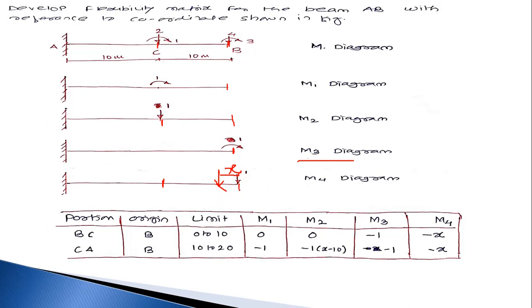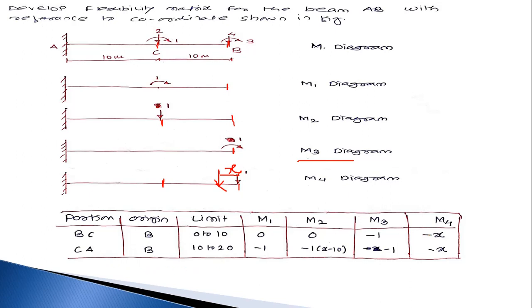Left side anti-clockwise is minus, so the moment is minus X. So for portion BC and origin B, M1 is 0, M2 is 0, M3 is minus 1, and M4 is minus X.